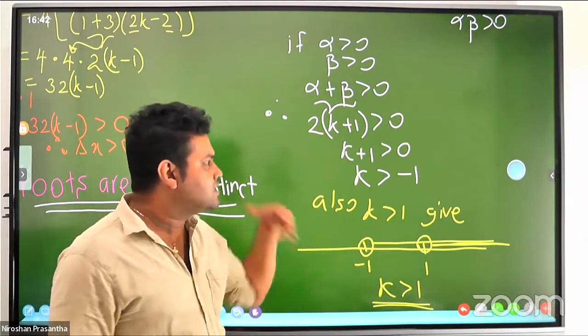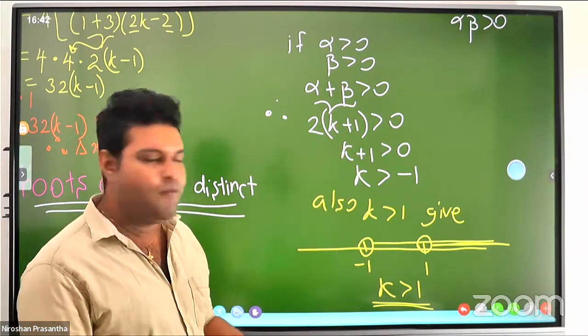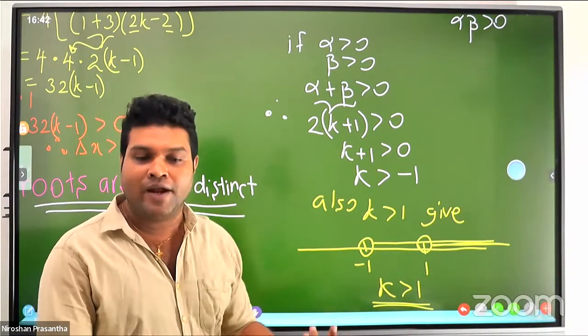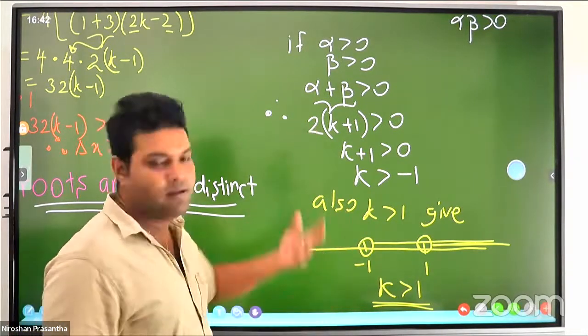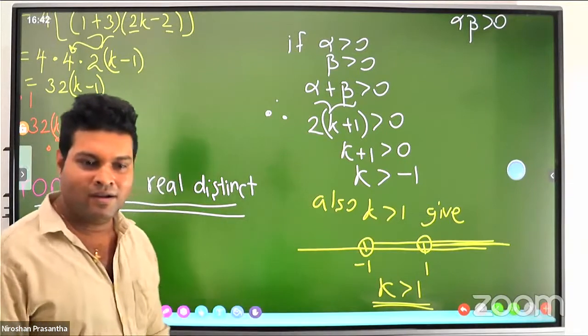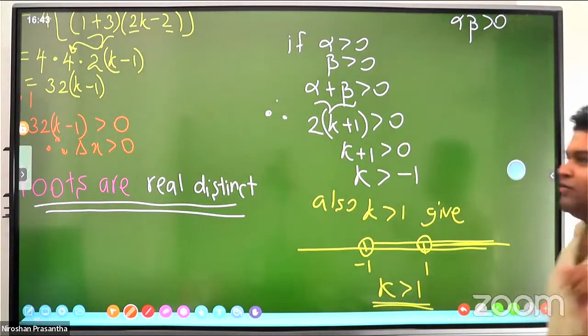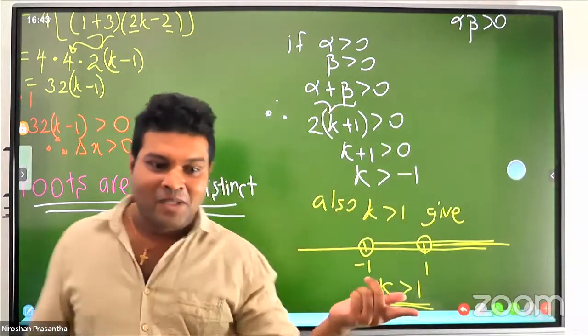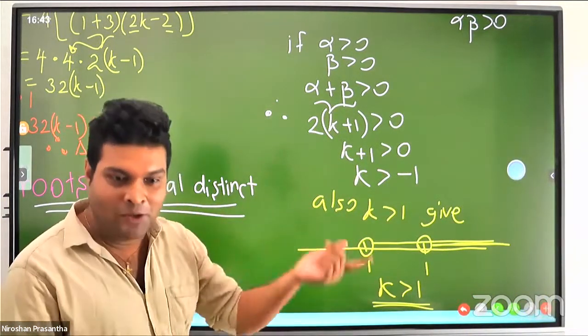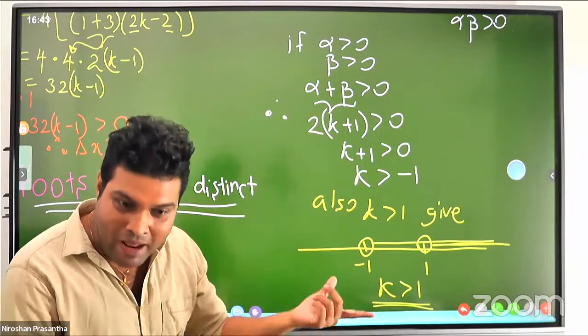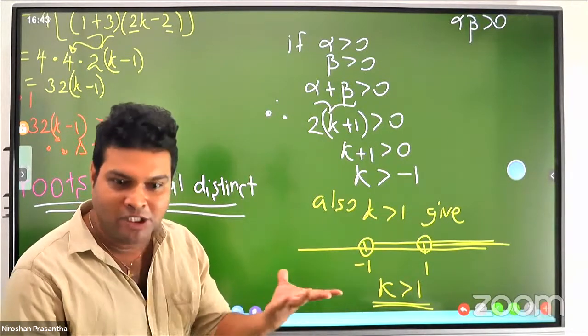Okay, we will just check backwards whether k greater than 1 matches with them. If k greater than 1, what should happen? The two roots should be positive. That means alpha plus beta should be positive, the sum of the two roots should be positive.